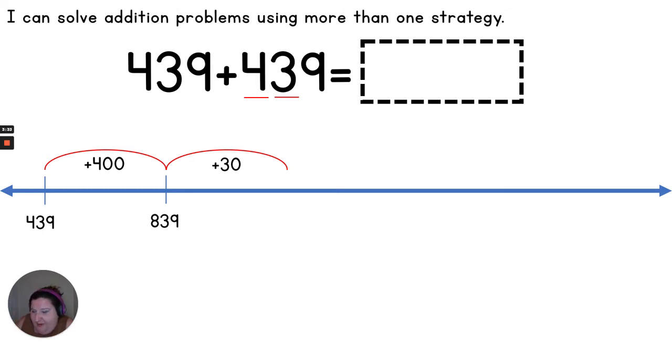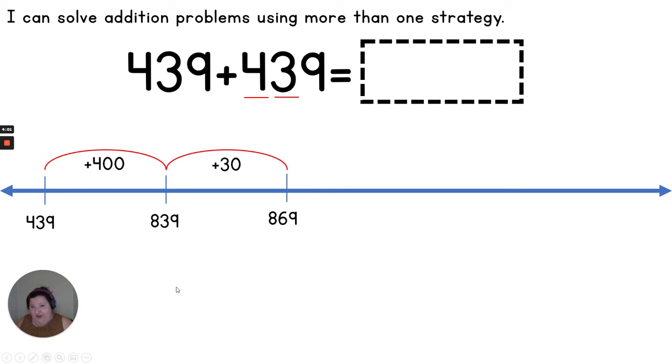If I have 3 in my tens place in 839 and I'm adding 3 more tens, I can use 3 plus 3 to help me. 3 plus 3 is equal to 6. So 3 tens plus 3 tens is 6 tens. 6 tens is 60. So my 839 is going to become 869.